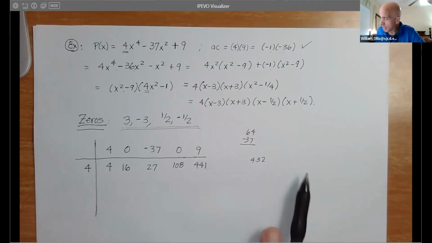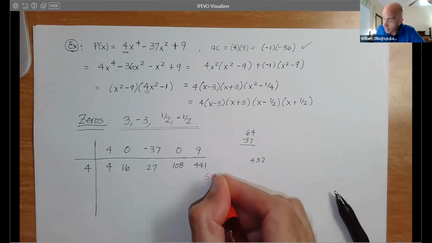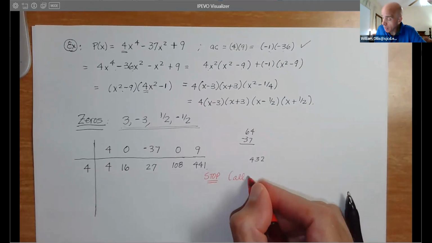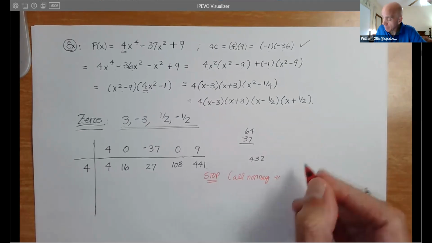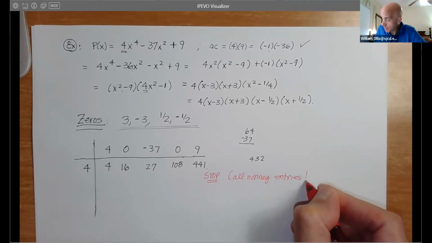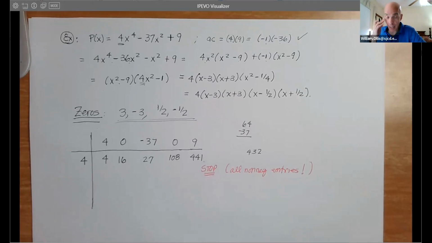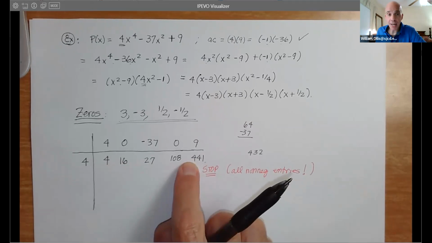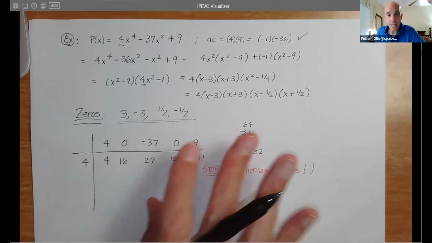This basically says stop. Stop going in the direction greater than 4, because you have all non-negative entries. Even though this is not a major calculus result, there's no way that you can add a bunch of positive numbers and ever get 0. So that's a waste of time.